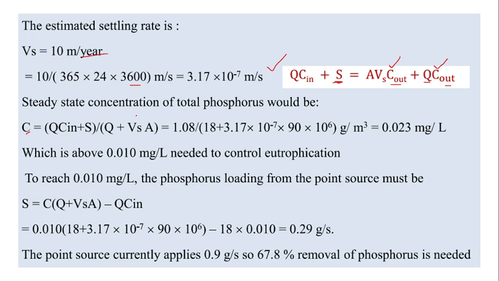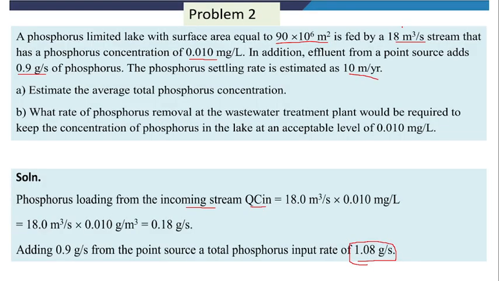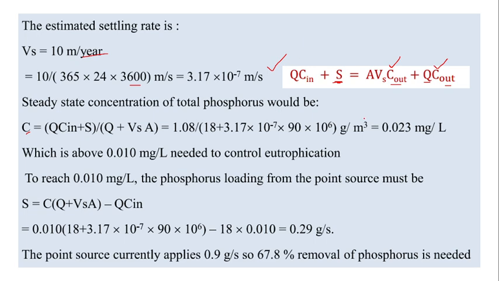Now we know that the inlet concentration is 1.08 after adding the point source. Then Q is 18 meter cube per second and Vs is calculated, which is 3.17 into 10 power minus 7. The area is also given: the surface area of the lake is 90 into 10 power 6. After solving this, we get 0.023 mg per liter.